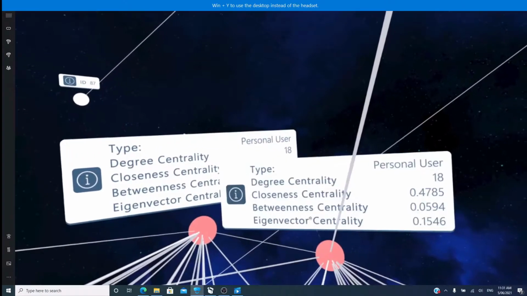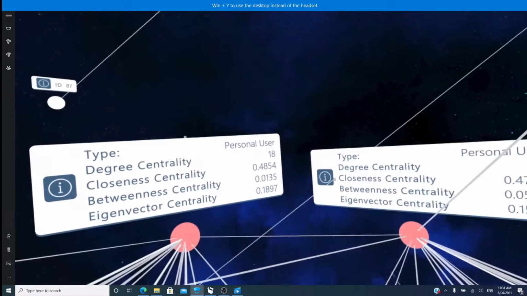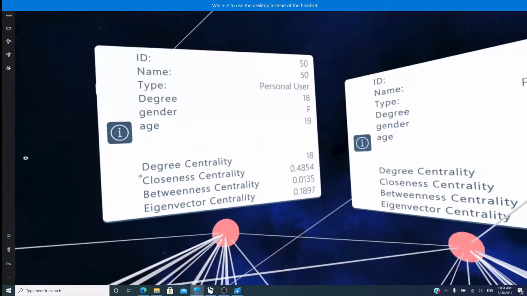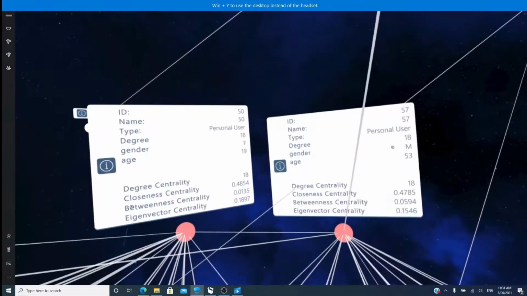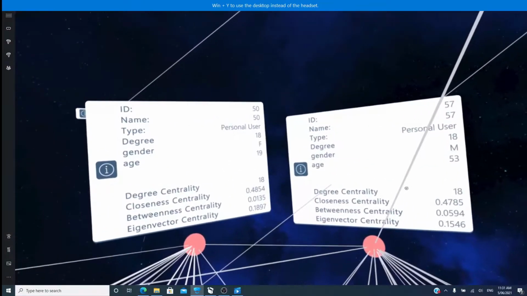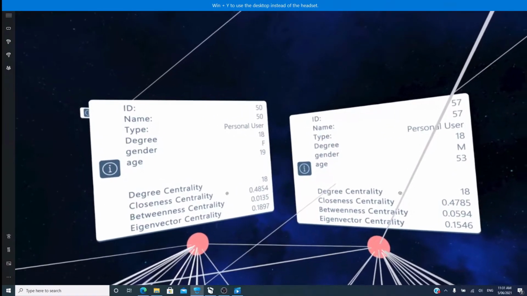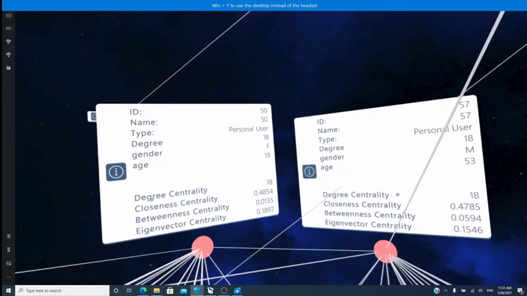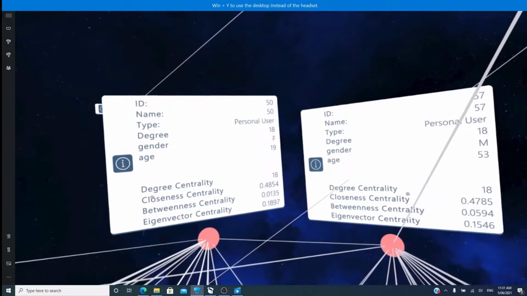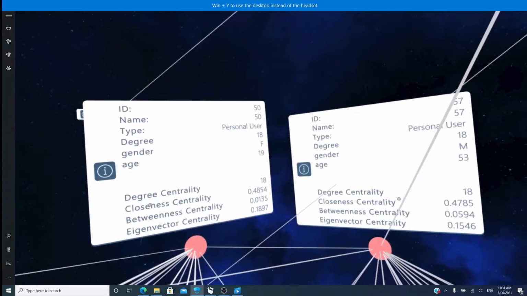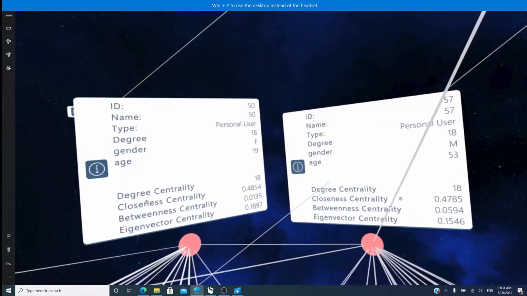And that's node 57. Looking at these two nodes, it seems they both have the same value of degree, but node 50 has a higher value of closeness, but node 57 has a higher value of betweenness.